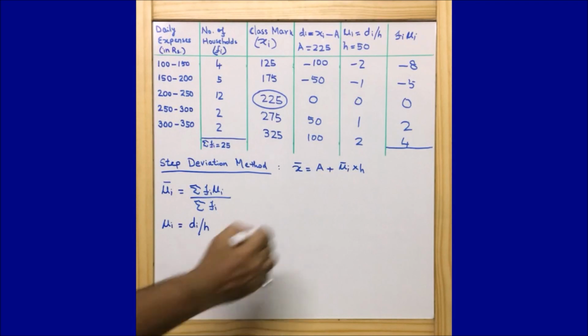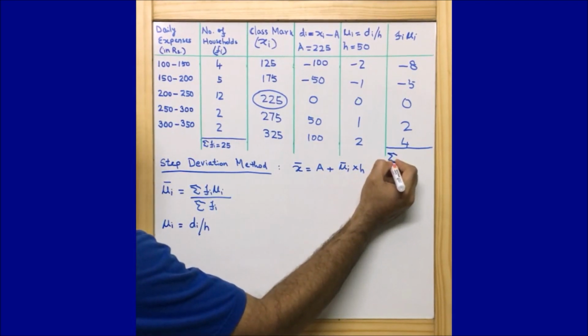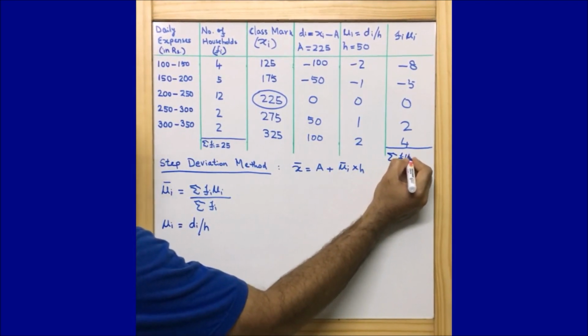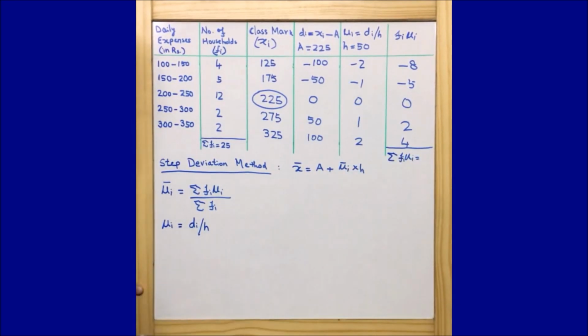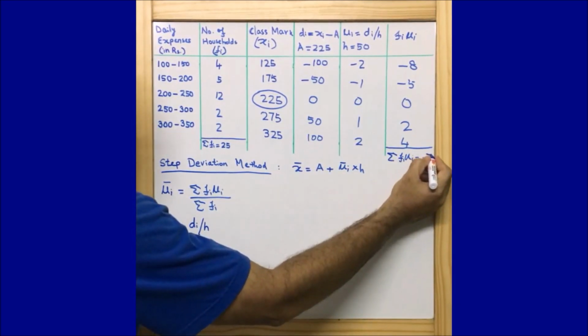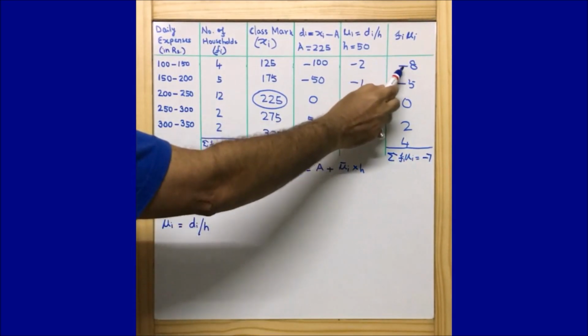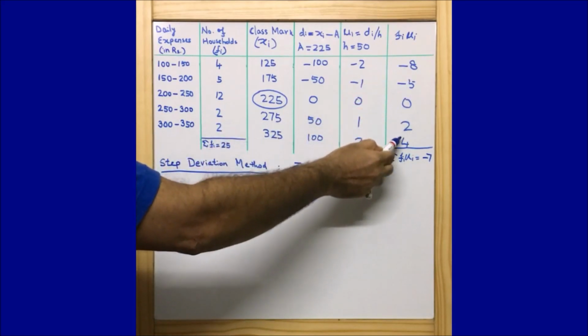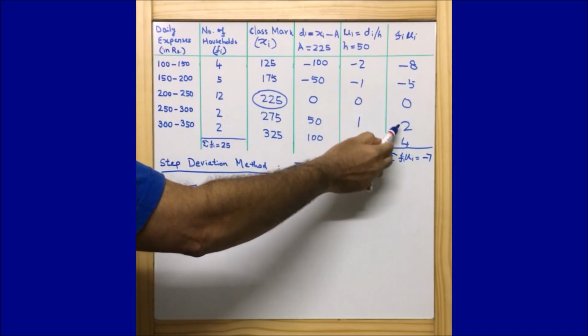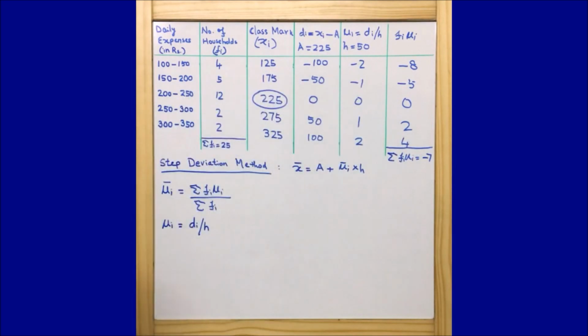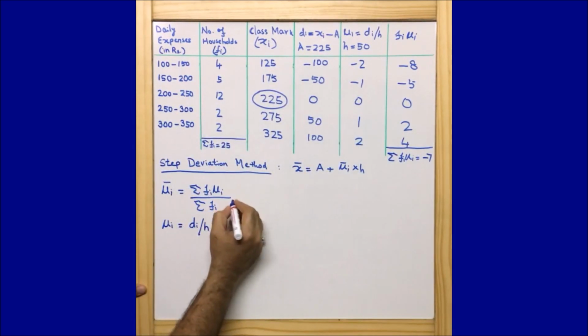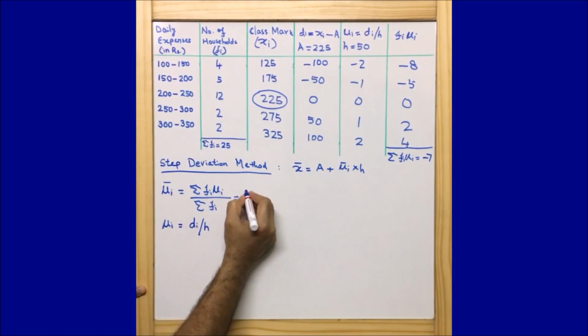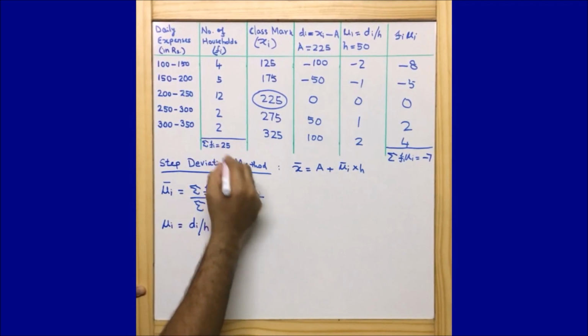Now let us find the summation of fi ui, which is equal to minus 7. How? 8 plus 5 is 13, so minus 13, and minus 13 plus 6 is minus 7. So the mean of ui is summation of fi ui upon 25, that is minus 7 upon 25.